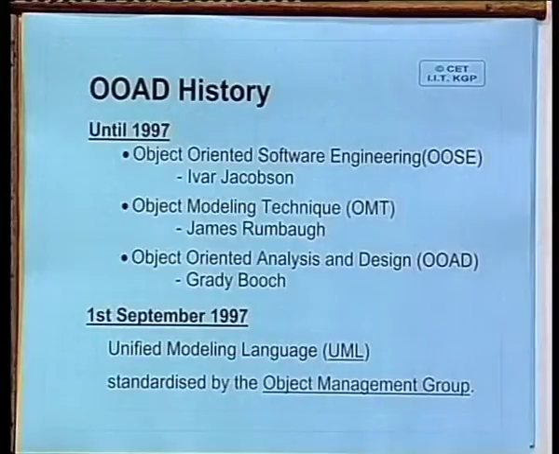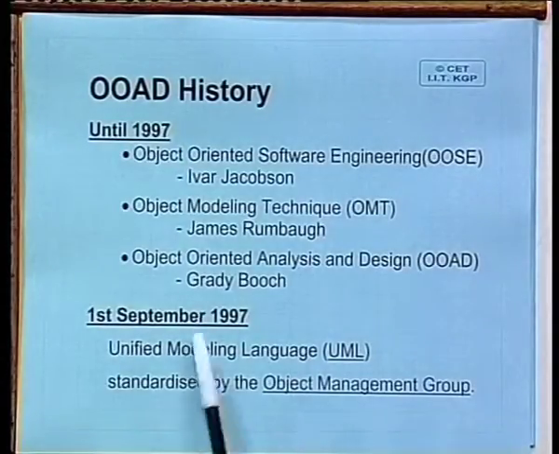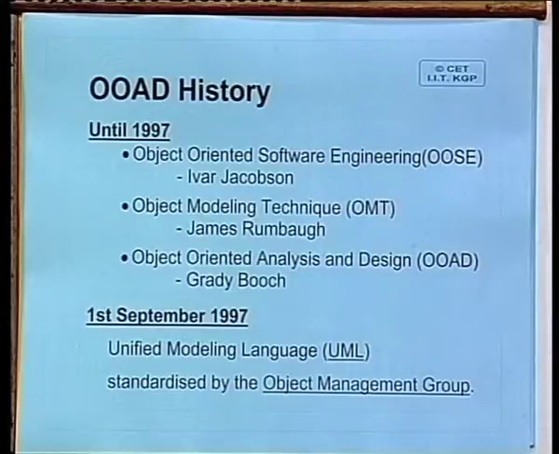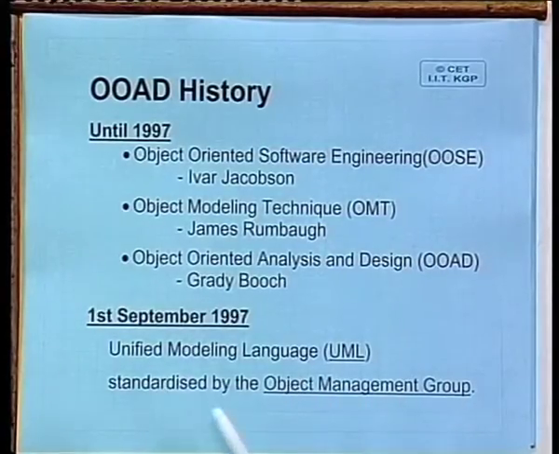So, what the Object Management Group did, the OMG brought all three people together, Jacobson, Rumbaugh and Booch, and together they started a new concept called Unified Modeling Language, or the UML. Please understand, UML is not really a concept, UML is a notational language.